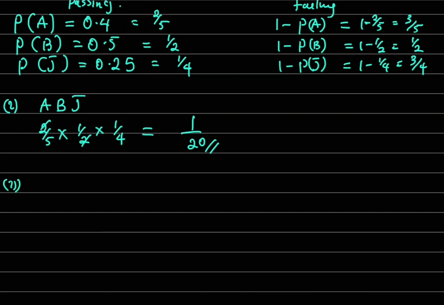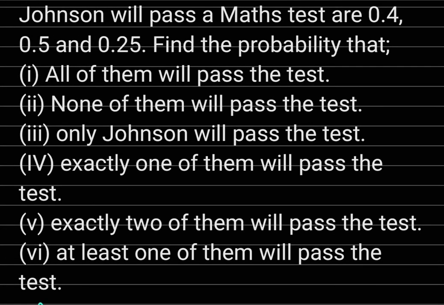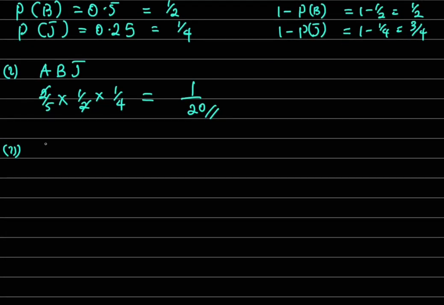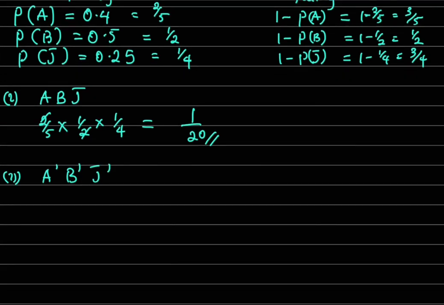Then let's go to Roman figure 2. Roman figure 2 says none of them will pass. Good. So it means A will not pass. Let me put a prime to show that it is not passing. Then B wouldn't pass, and J wouldn't pass. So this prime shows that they are not passing.